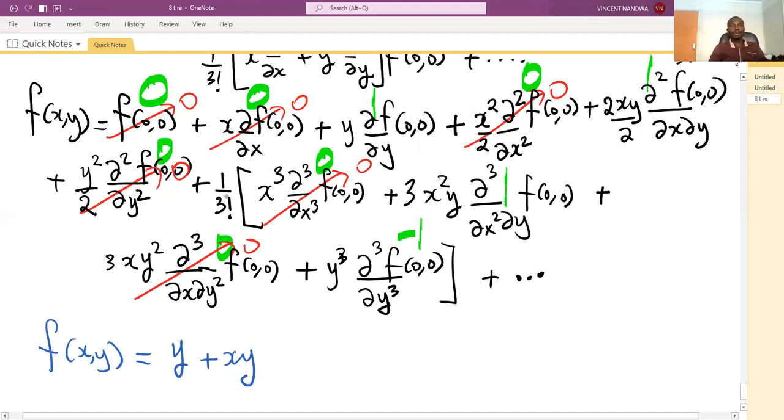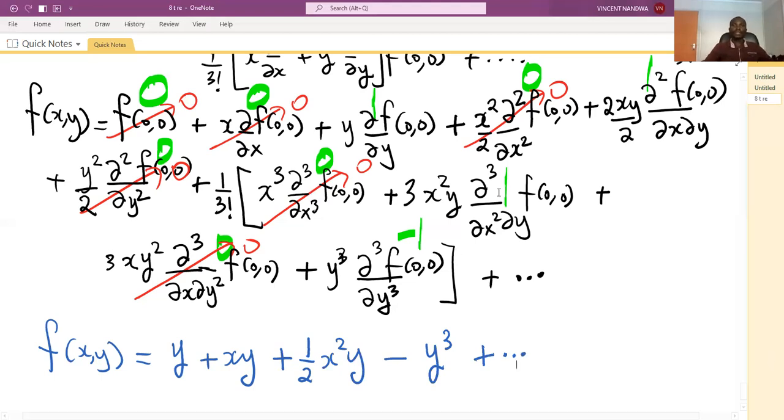So I have 1 over 3 factorial, which is 6. So 1 over 6 times 3, I get a half, and then x squared y. 1 over 6 times -1, I get minus y cubed, then plus other values.